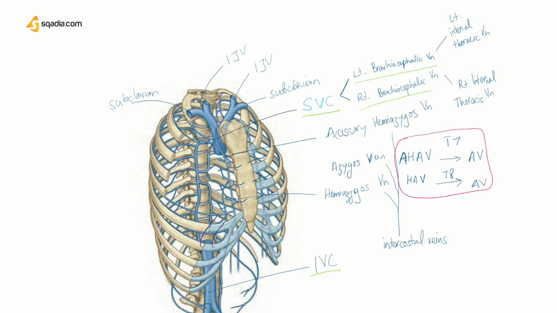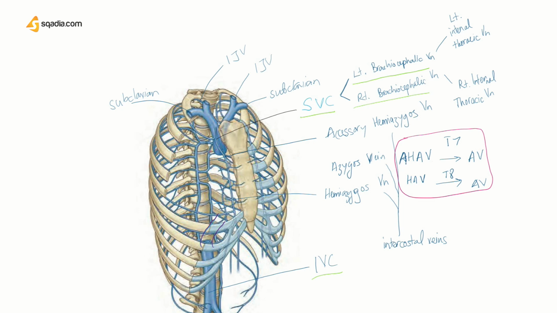So let's start our review again. What we want to understand, what we want to memorize here, is that the superior vena cava and the inferior vena cava drain into the right atrium of the heart. The superior vena cava bifurcates and divides into the left and right brachiocephalic veins. So this is the left and the right brachiocephalic veins.